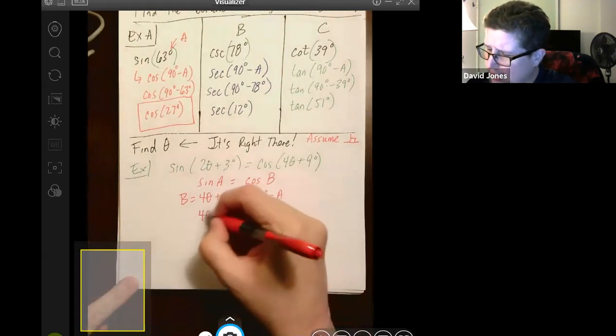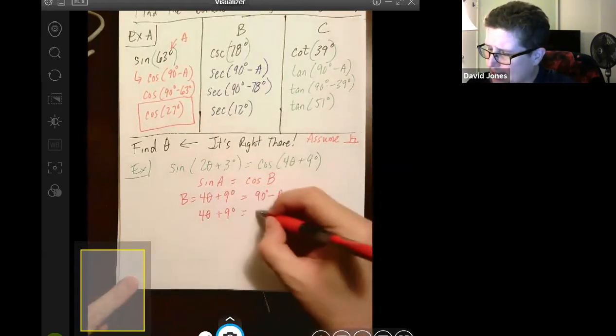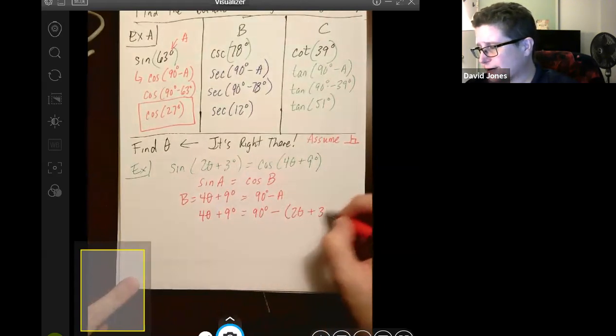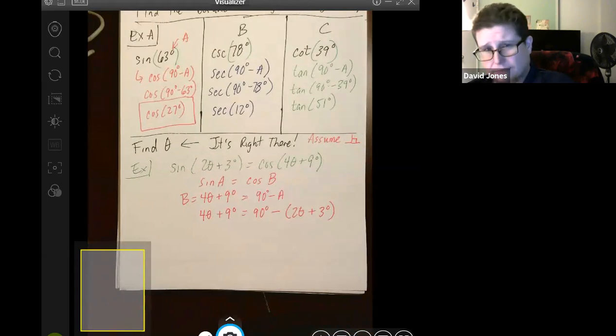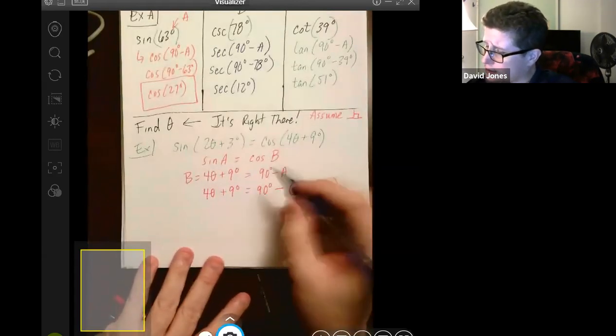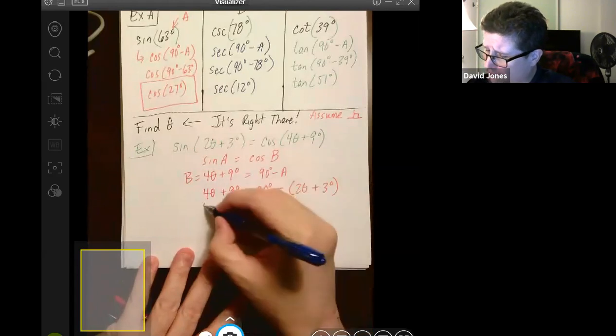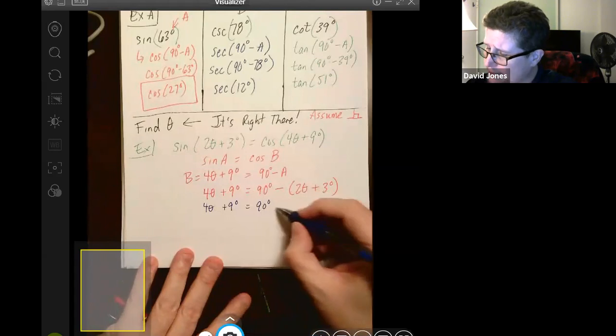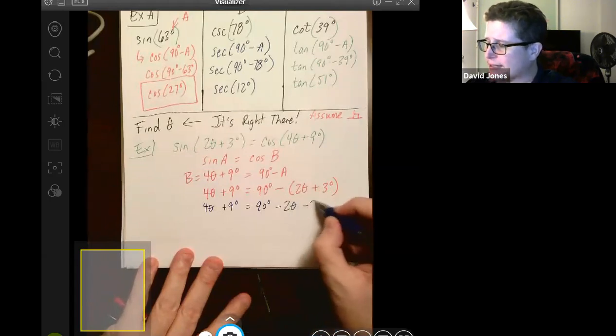So we have 4 theta plus 9 degrees equals 90 degrees minus 2 theta plus 3 degrees. You following me? All right. We should distribute that. We got 4 theta plus 9 degrees equals 90 degrees minus 2 theta minus 3 degrees.